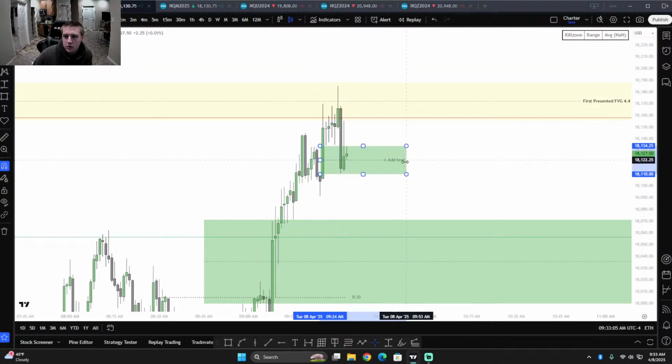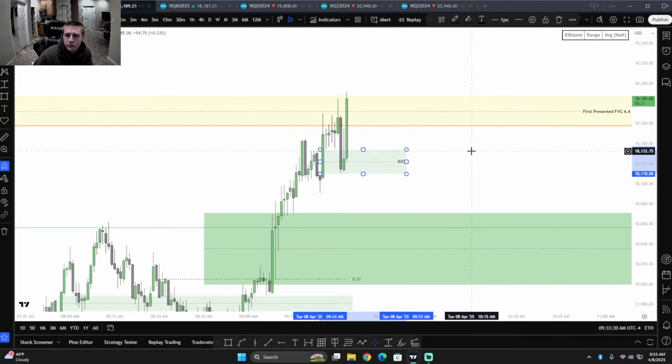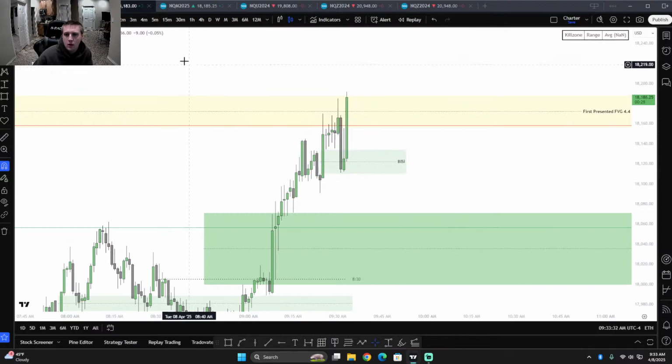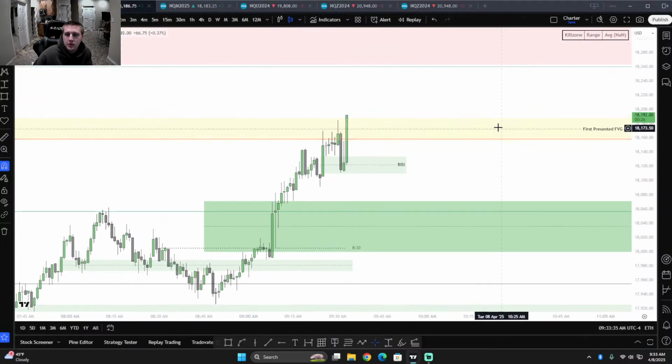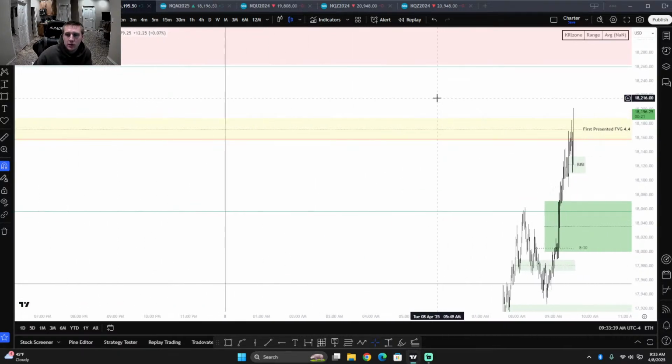See if this gets used as possible inversion, or if we want to use it as discount. Alright, we have a possible expansion candle here for first presented fair value gap.